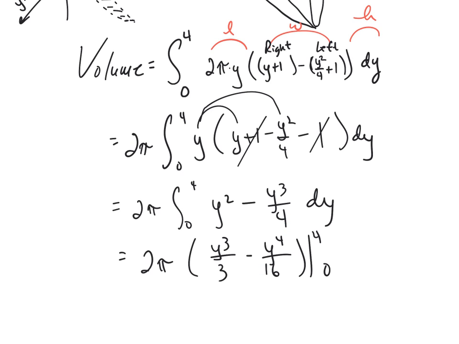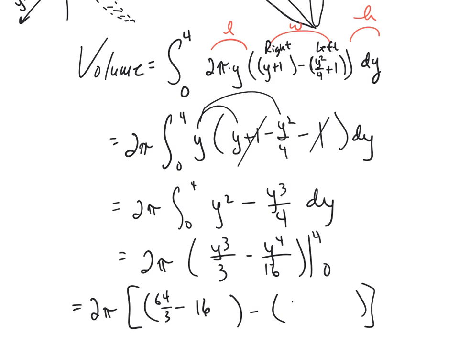Okay? And now comes the F tick. Again, I'll just multiply 2 pi times everything else. So start by replacing y with 4 everywhere. So 4 to the 3rd over 3 minus 4 to the 4th over 16, minus 0 to the 3rd over 3 minus 0 to the 4th over 16.